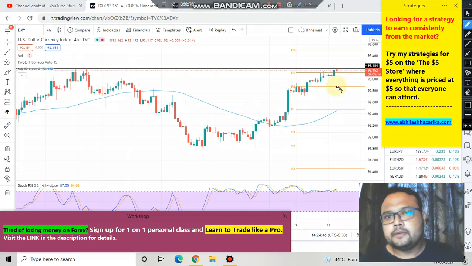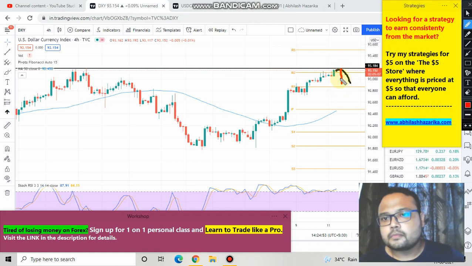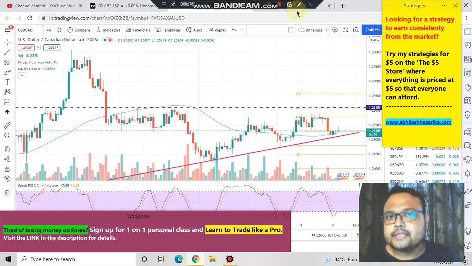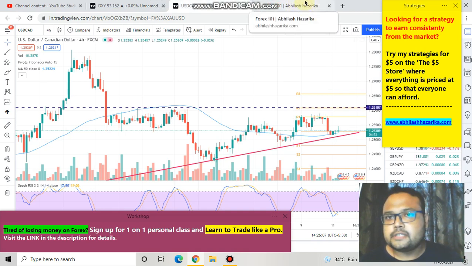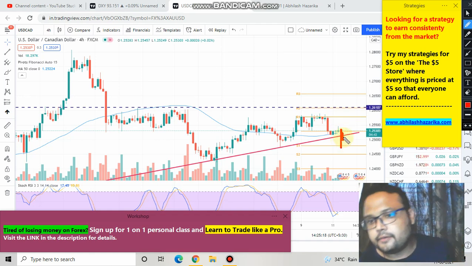If you see market reversing from here, or if market forms a red candle, then just go to the USD CAD and see how the USD CAD is doing. If you see that USD CAD is unable to hold this support, and as dollar has formed a red candle, if USD CAD also forms a red candle here, then you can think of shorting the market.